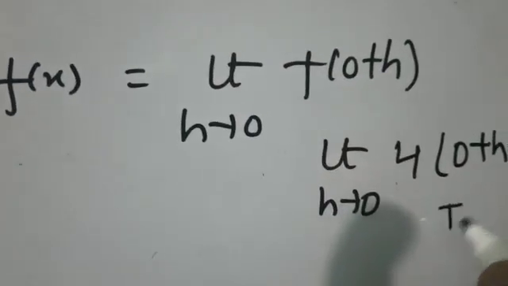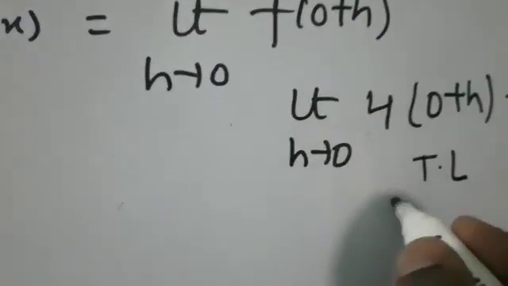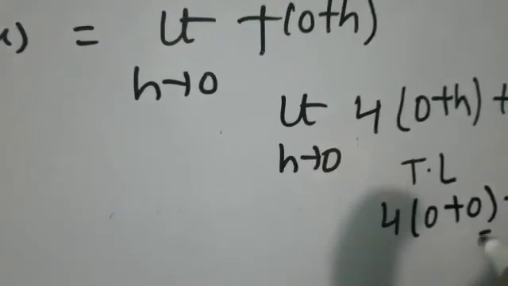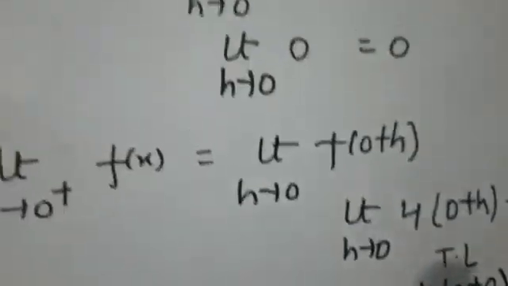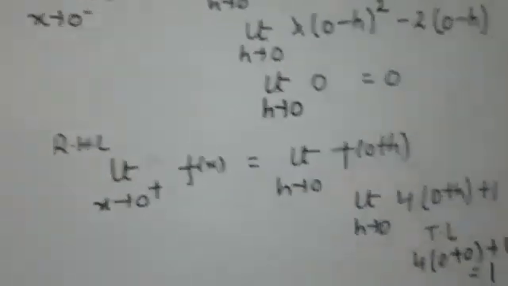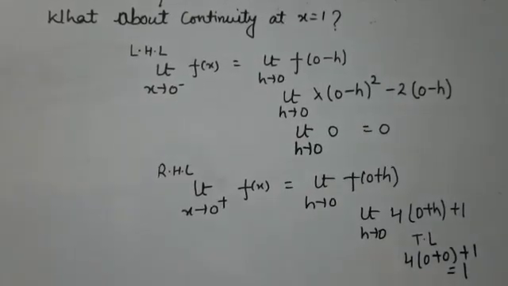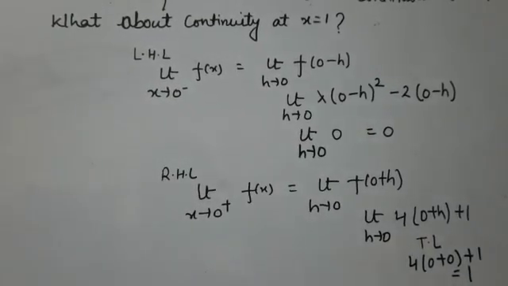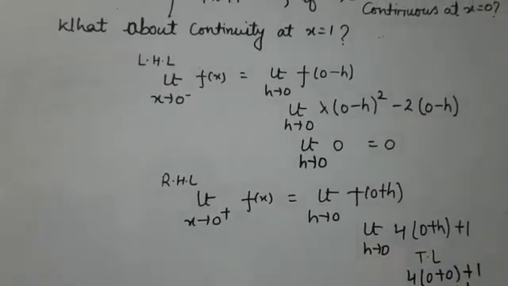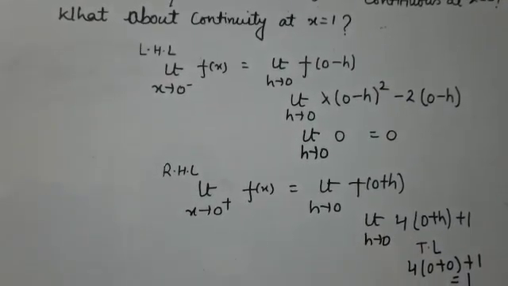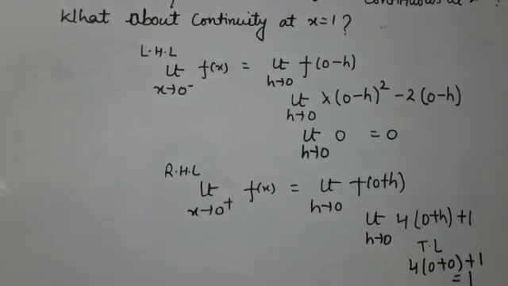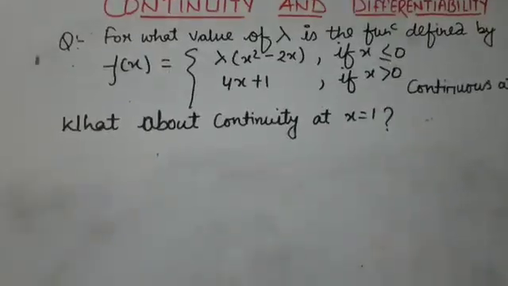On taking the limit, we get 4 times 0 plus 0 plus 1. We get 1. From this we conclude that the left hand limit is not equal to the right hand limit. So our function is discontinuous at x equal to 0. We can say that for no value of lambda is the function continuous at x equal to 0.